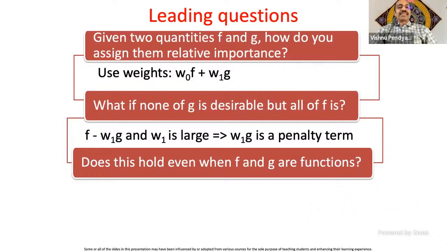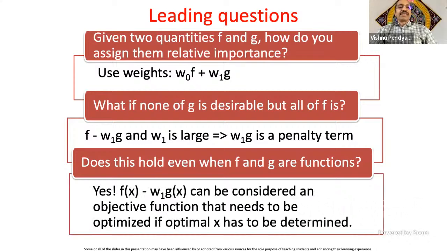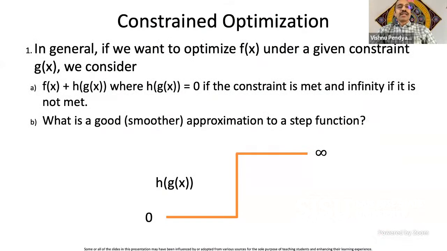So the next question is, does this hold even when f and g are functions? The answer is yes. It is not limited to vectors or just single scalar quantities. It will hold even for functions. So f of x minus W1 g of x can be considered an objective function that needs to be optimized if optimal x has to be determined. In general, if we want to optimize f of x under a given constraint g of x, we consider f of x plus some function of g of x.